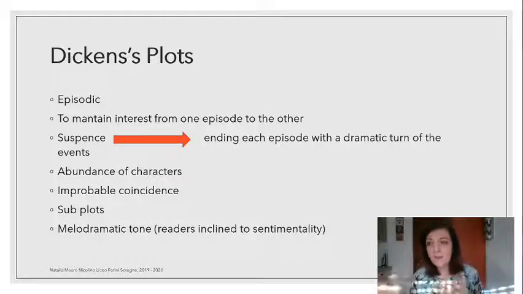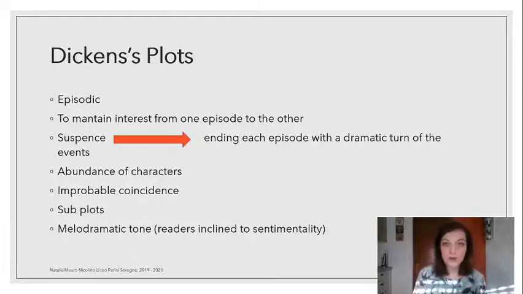Some of them go on from chapter to chapter, from episode to episode. Some of them are only in one particular episode and they are never seen anymore. Some of them become really important and are the protagonists of the novels. But this abundance of characters characterizes his novels.